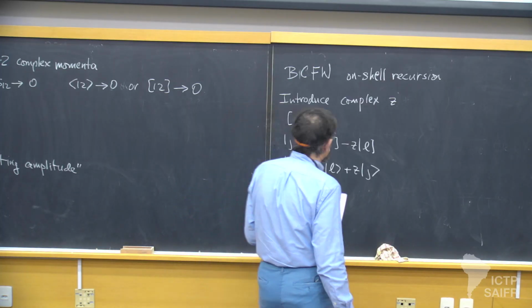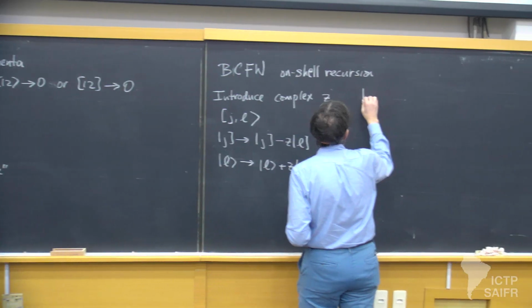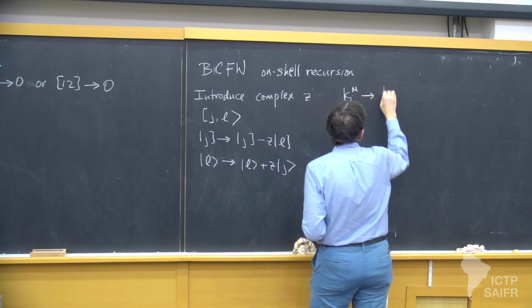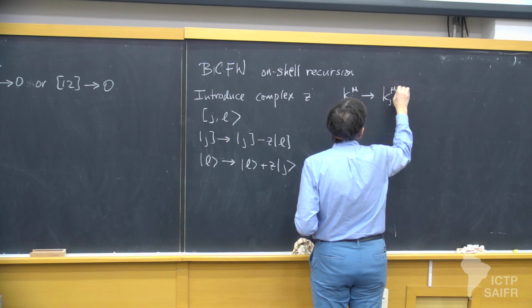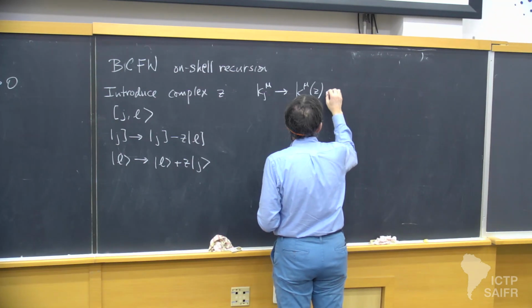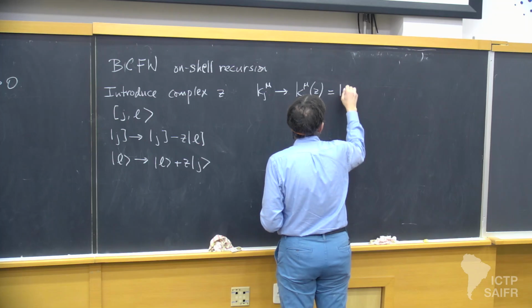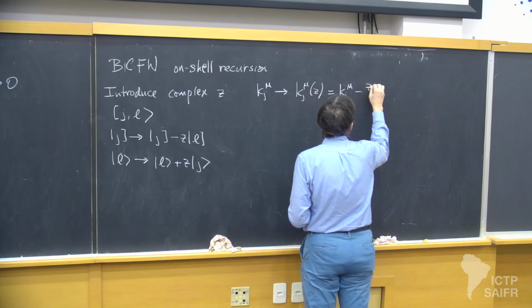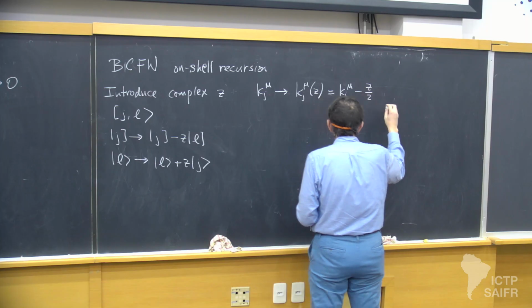So what happens to the momenta? k_j, for example, is going to now become a function of z. And that function is, of course, the original momentum, and we have a shift vector that is subtracted off.